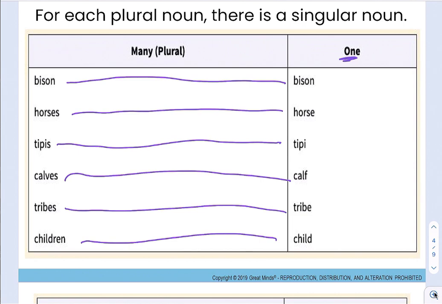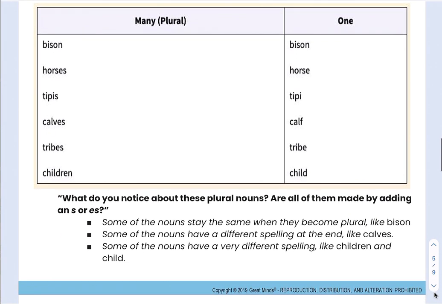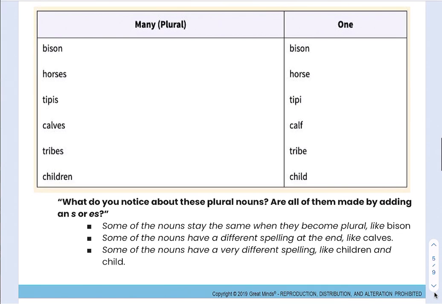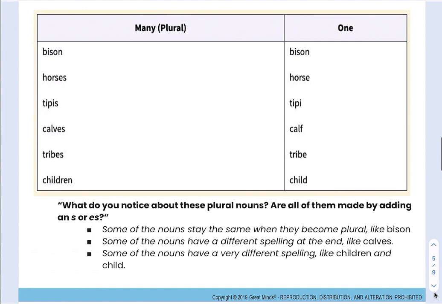Take a moment to read each plural noun with its singular noun. Okay. What do you notice about these plural nouns?